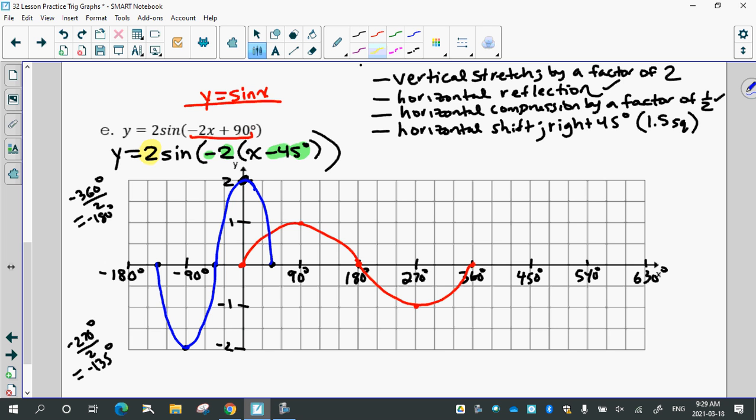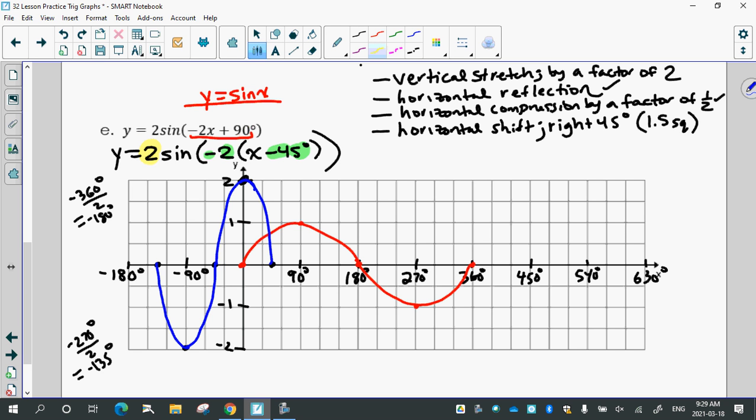Is it horizontally reflected? Yes. So it's going that way instead of that way. Okay. Horizontal compression by a factor of a half, so it takes up less space in wideness than the red one does, half as much. Horizontal shift to the right 45. Yes, that one's harder to tell from the graph, but we did do it.